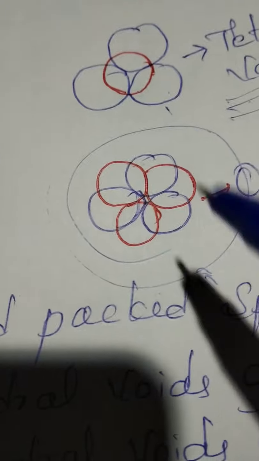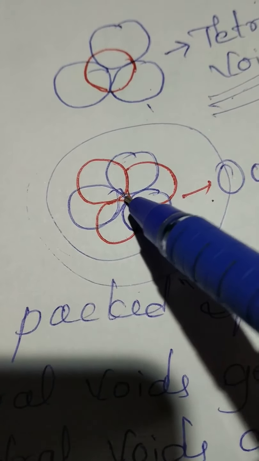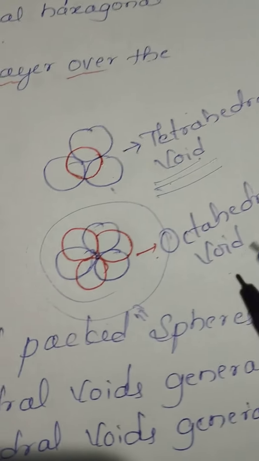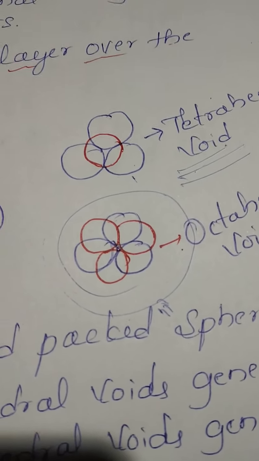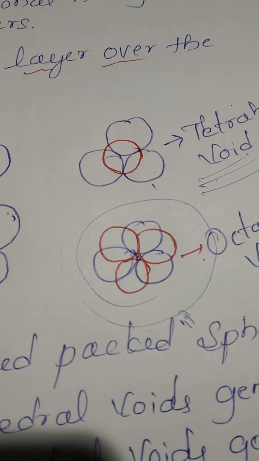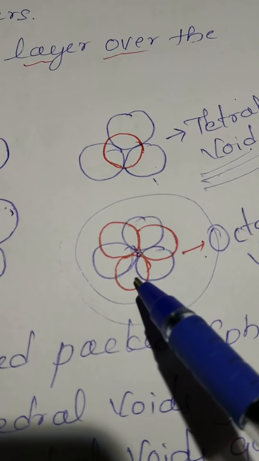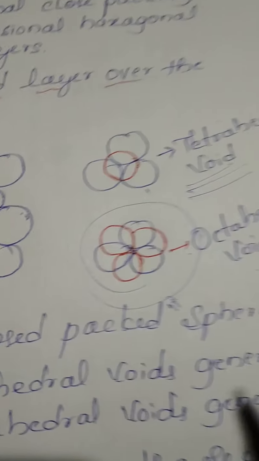See, between these 6 spheres, a void is created at the center. That void is called an octahedral void. An octahedral void means the void formed by 6 spheres: 3 spheres from the first layer and 3 spheres from the second layer.